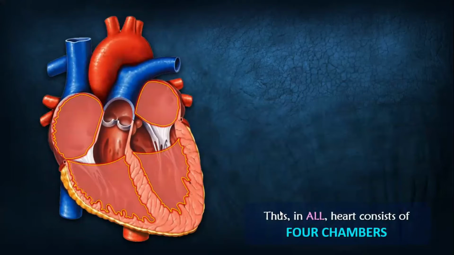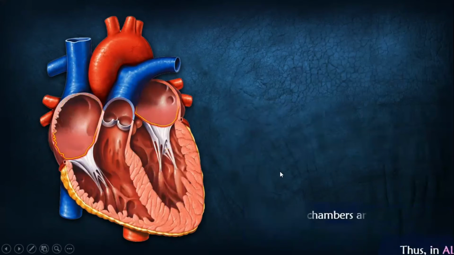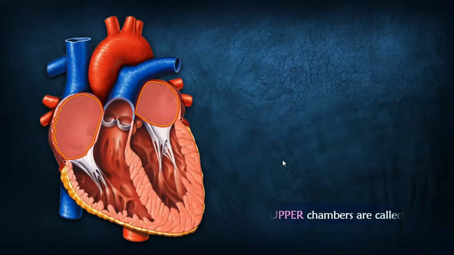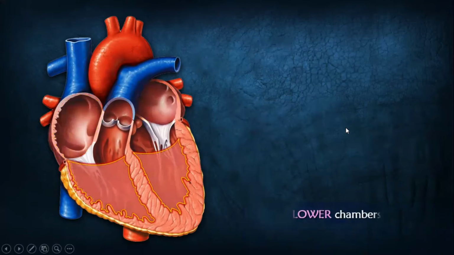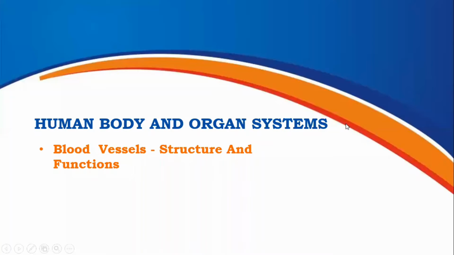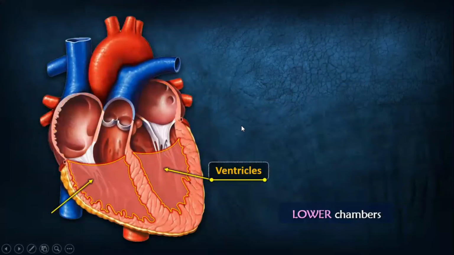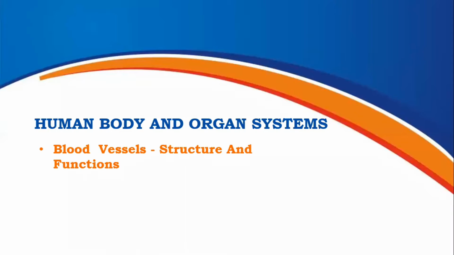Thus, in all, the heart consists of a total of 4 chambers, as you can see on the screen, top 2 and bottom 2. Upper chambers are called atria, which in singular is called atrium. Lower chambers are called the ventricles. Top chambers, atria, lower chambers, ventricles.